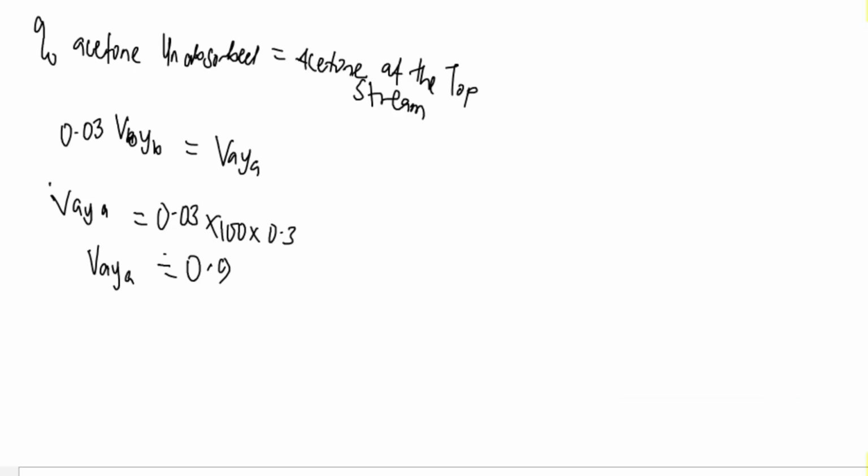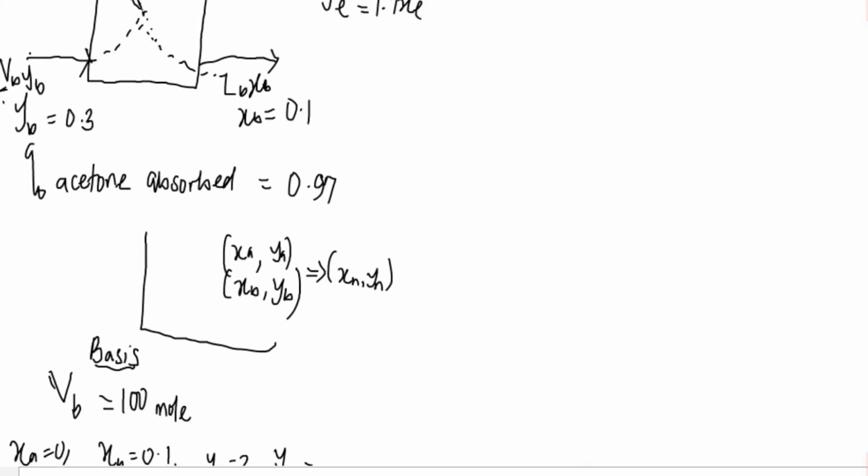How can I find the value of my VA? To find VA, we know that VB is what comes in, and from VB acetone is absorbed. The remaining part of VB after acetone is absorbed is what goes out as VA. Let's go back to the diagram to explain this.